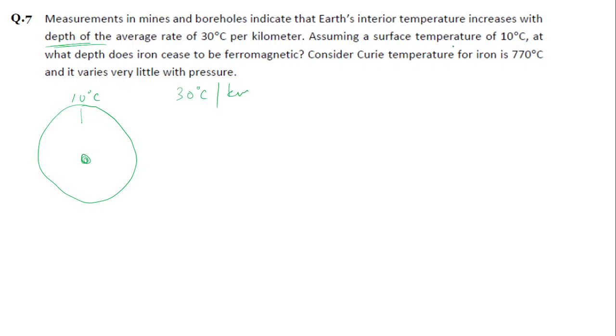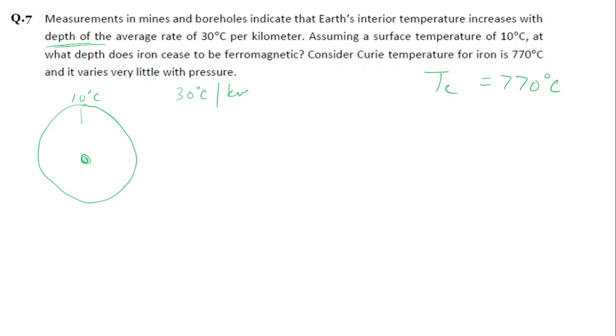We have to only worry about the temperature and then tell at which distance the iron will lose its ferromagnetic nature and become paramagnetic. That means at which distance from the surface the temperature will be equal to Tc, and at that point the ferromagnetic nature will be destroyed. So that temperature Tc here is given as 770 degrees centigrade. At this temperature iron will lose its ferromagnetic nature.